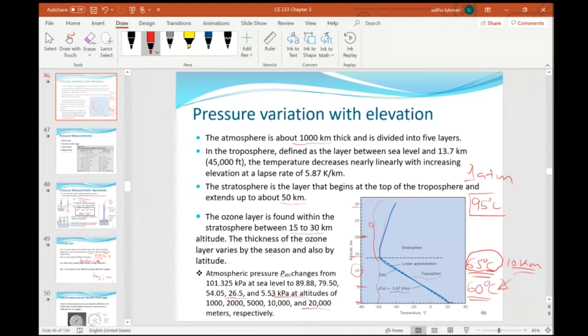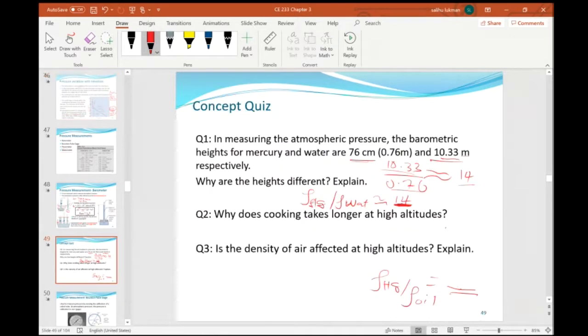It reduces because the atmospheric pressure reduces, which means the mass of air acting reduces as you go higher. So that is why the density will definitely be affected, because density, as we defined before, is simply mass divided by volume. If the mass decreases, the density will decrease if you have constant volume.